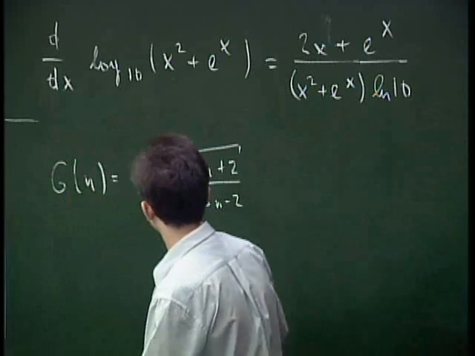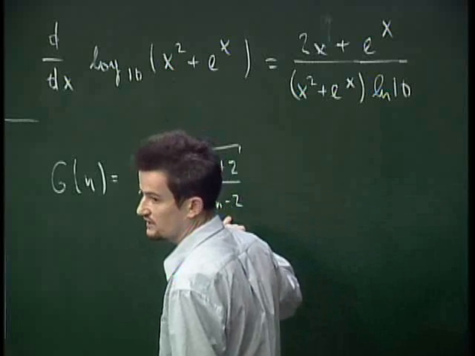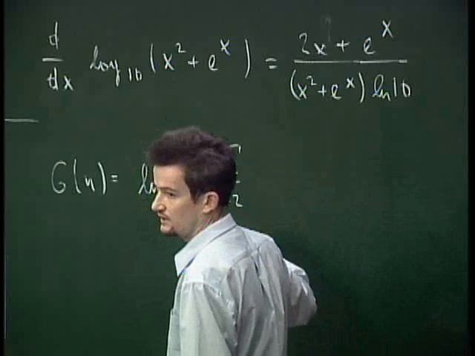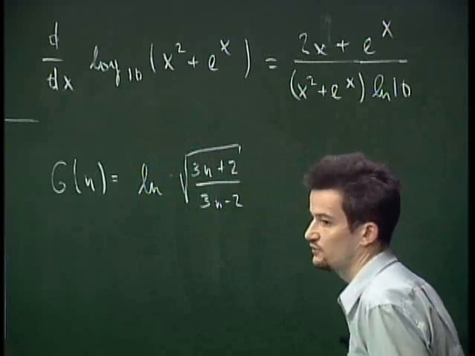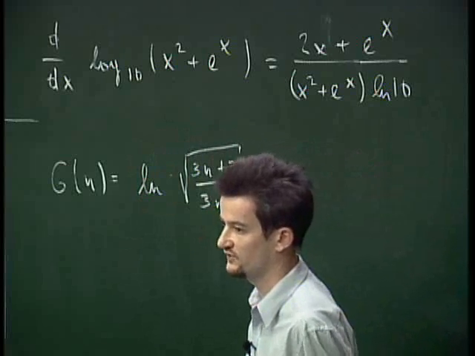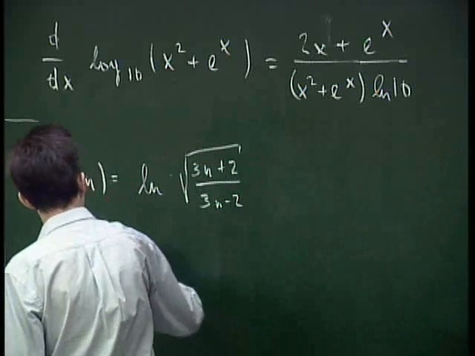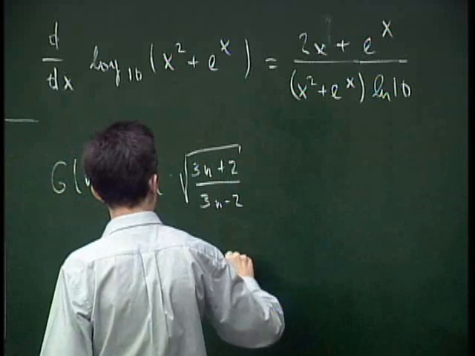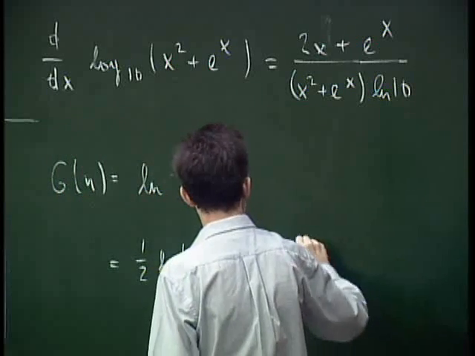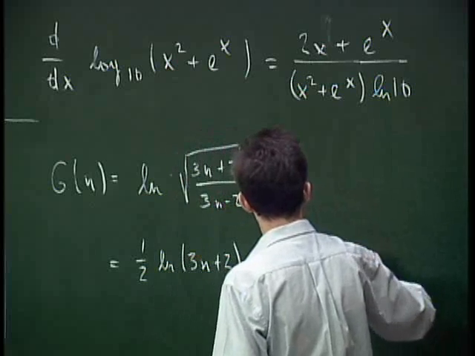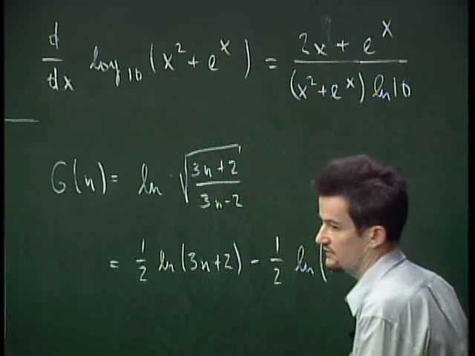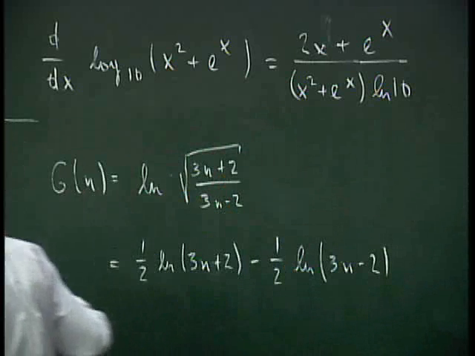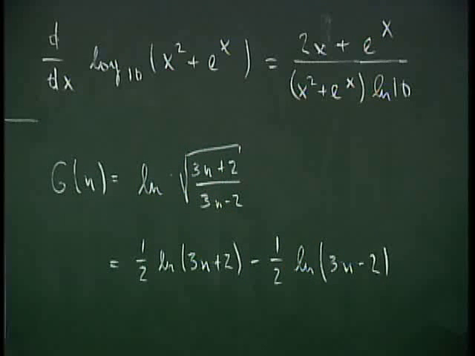So the derivative of the ln would be 1 over this function, and then the derivative of the inner function. But you see, obviously, it's much easier if you do simplification first. Namely, you see this is 1/2 the ln of 3u plus 2 minus 1/2 ln of 3u minus 2. In this form, it's getting easier for this simple example. So sometimes it's good to do some simplification first before you compute the derivative.